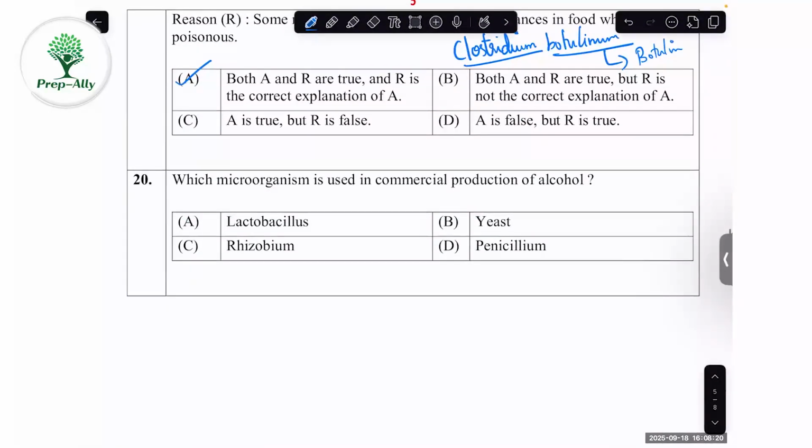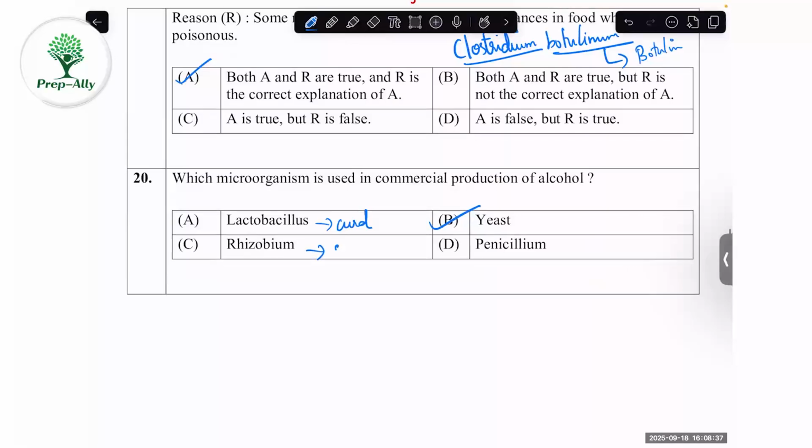20th question. Which microorganism is used in commercial production of alcohol? Of course, it is yeast. Why not Lactobacillus? Lactobacillus is for curd. Rhizobium is for nitrogen fixation in the soil.